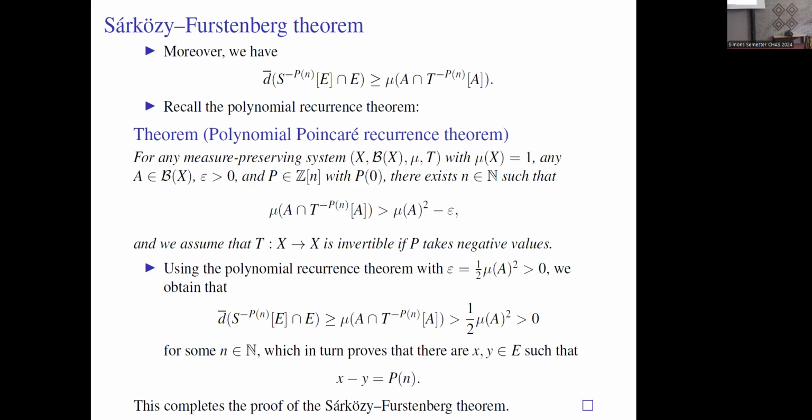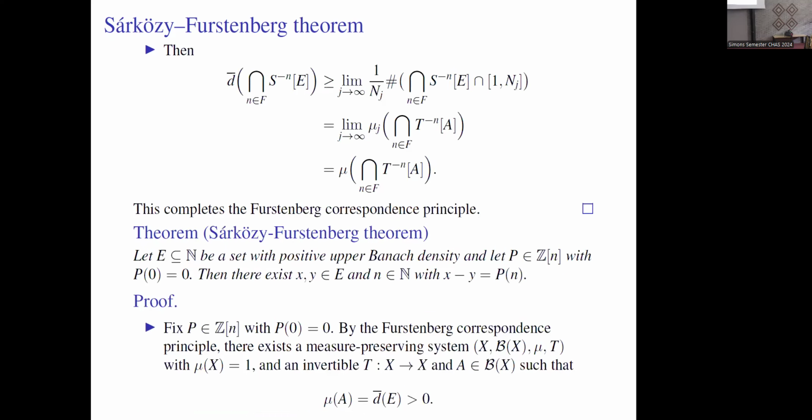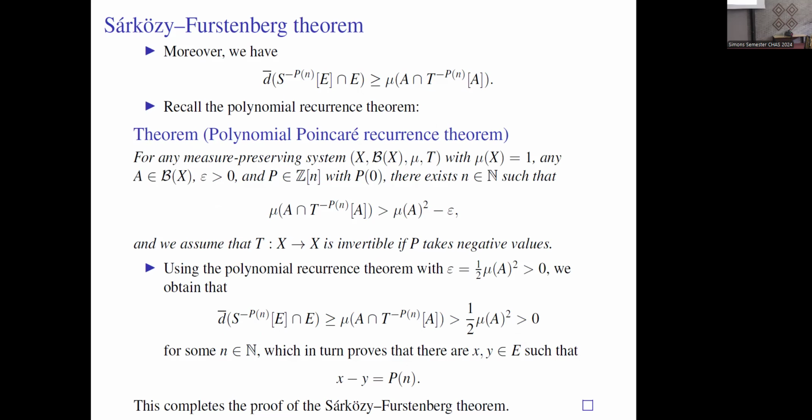So here, the second part of the Furstenberg correspondence principle says that this is dominated by the density of this, where S is the shift operator. And now by Poincaré, we know that we have a lower bound for this, which is of this form. And on the other hand, we know that this is positive because of this part. Also epsilon is arbitrary, so we can take 1/2 of the square of the measure of A, which is also positive.